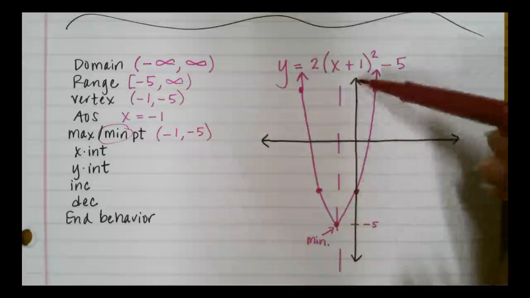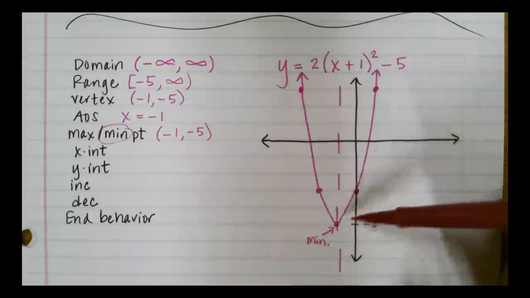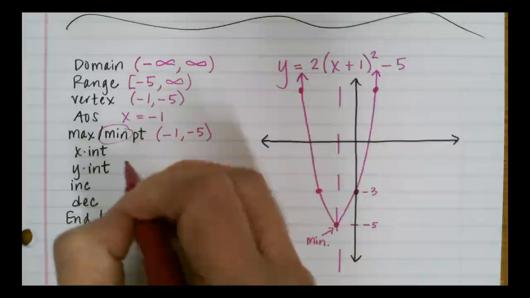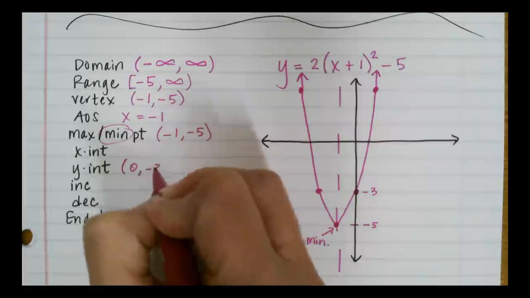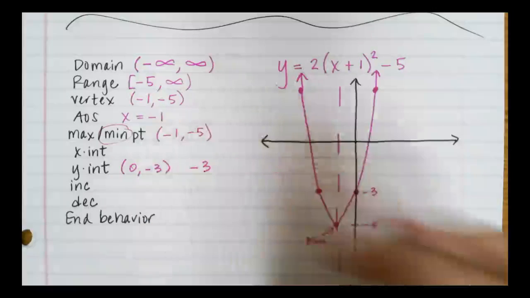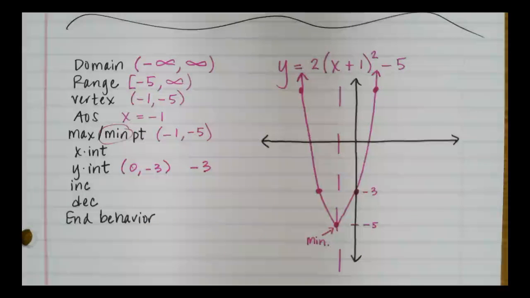The y-intercept is where it hits the y-axis, which looks like it hits right here at -3. So we can write it as (0, -3), or we could just say the y-intercept is -3. Ordered pairs always look a little bit better, so I like this one the best.